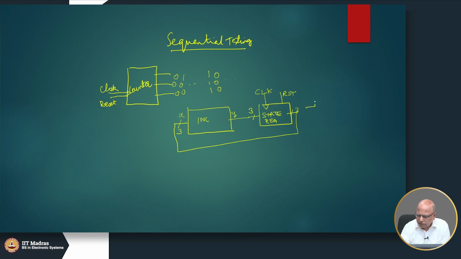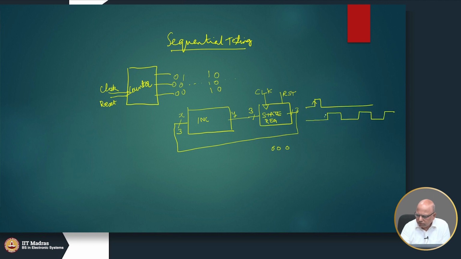Initially, when the reset is made high, the register sets to all zeros. Then the reset is made low, then we start applying clock pulses.